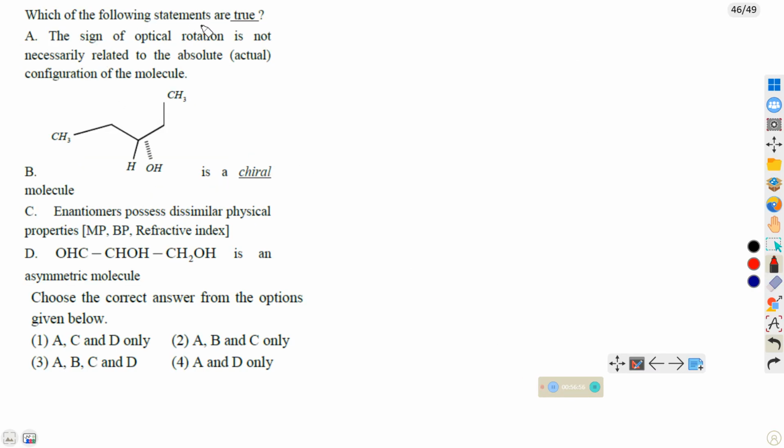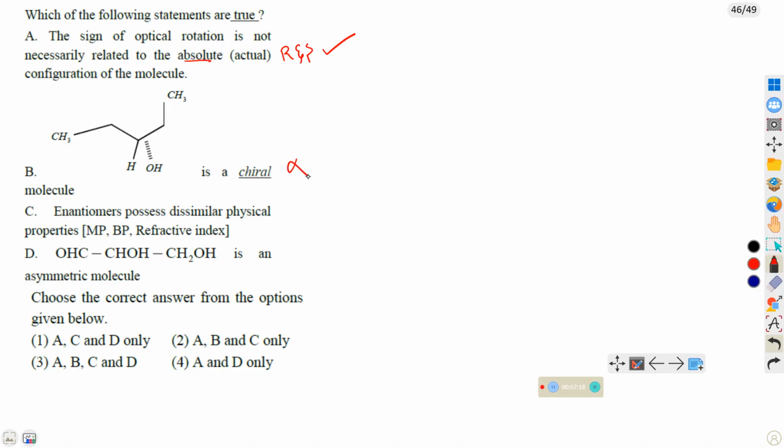Which of the following statements are true? The sign of optical rotation is not necessarily related to absolute configuration. Absolute configuration means R and S configuration. For R and S configuration, the sign is not required. For D and L configuration, the sign is required. Given compound is a chiral compound?